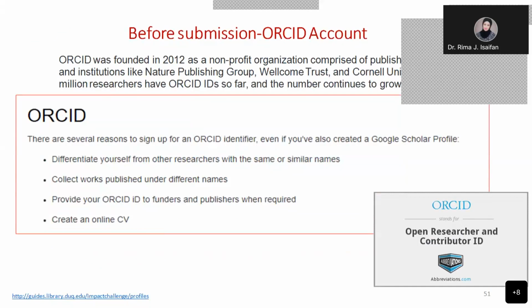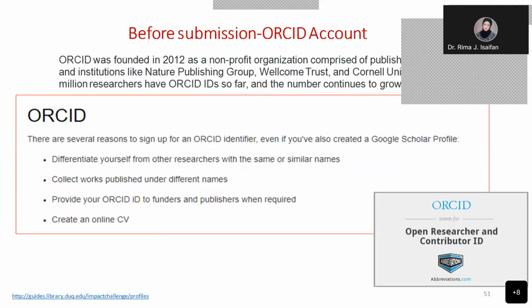So this identifying account is unique for each scholar in the world. It's like your fingerprint. Whether you have any similarity in the name with other authors, Google Scholar does not identify. So when you Google the name of an author, for example, or a researcher, many authors and accounts can be retrieved if they are similar in terms of names. But the ORCID is very unique, and that is why it's highly recommended, highly linked with any submission system.